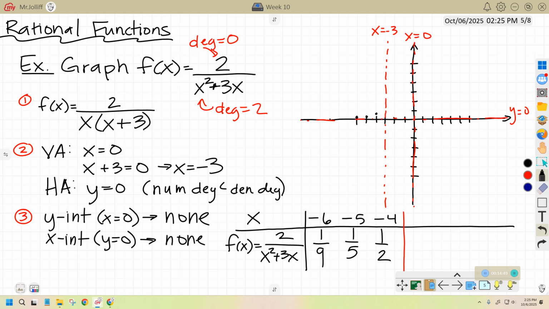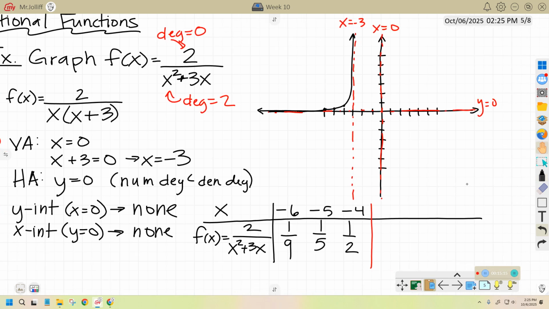It's increasing by just a little bit every time I get closer to the asymptote. So it's going up this way. And I know that it flattens out along that horizontal asymptote. Yay, 1/3 of the graph is done. That makes us happy.